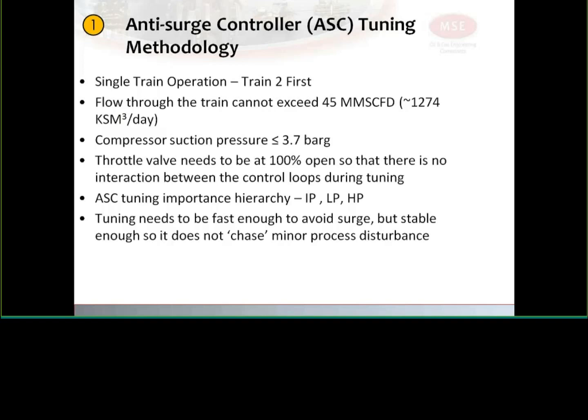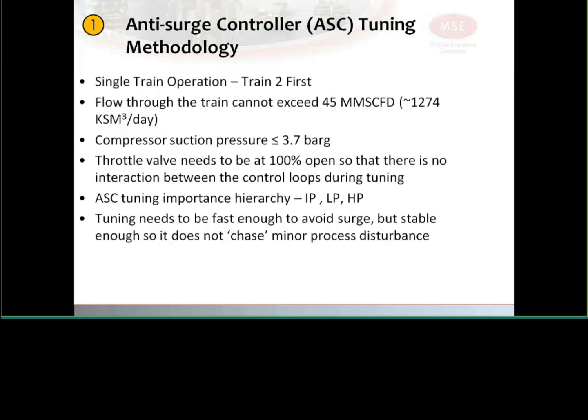So the way we go ahead for tuning is, we found out the most optimized way to tune would be to tune the IP section first, then LP and HP. It might sound very relevant after you know it, because the IP is pretty much the loose link between the two other sections.